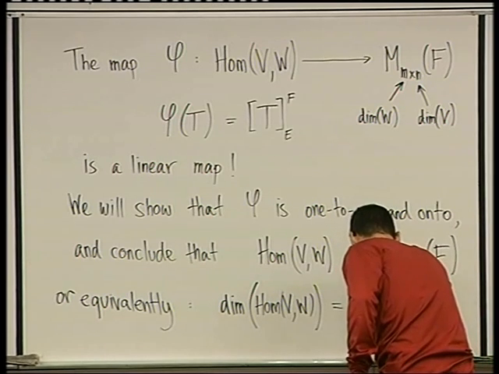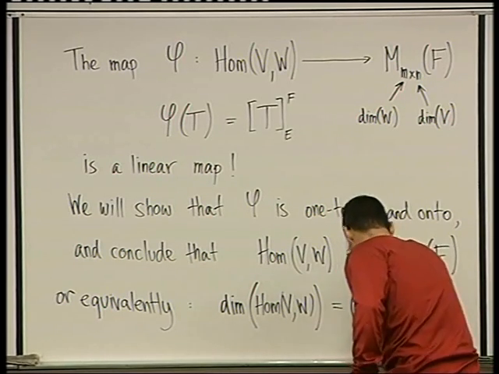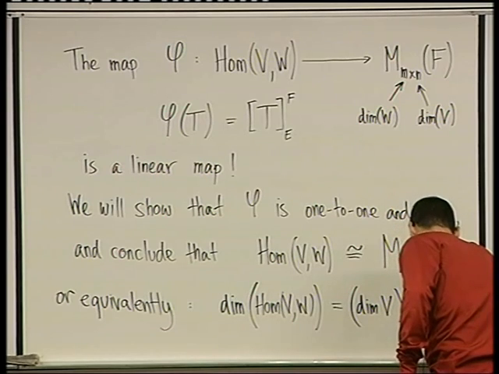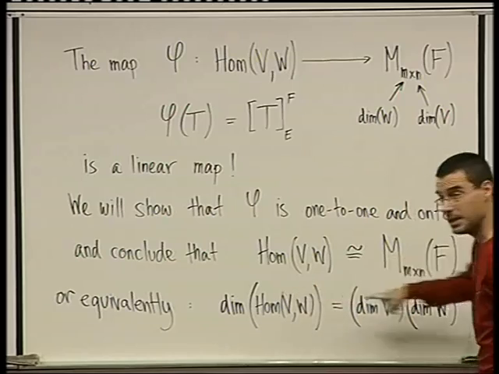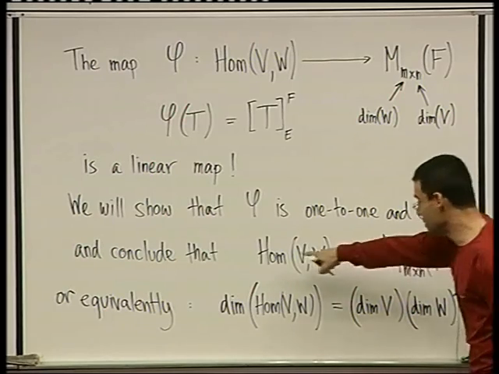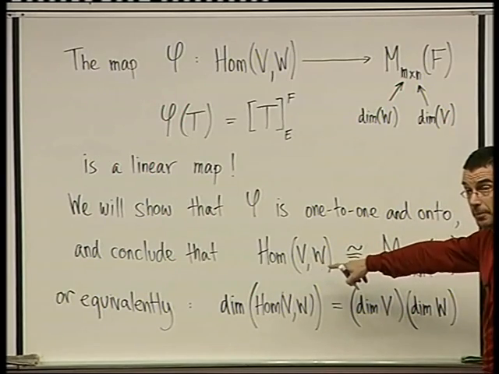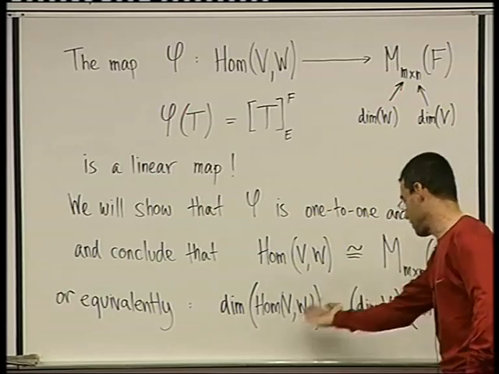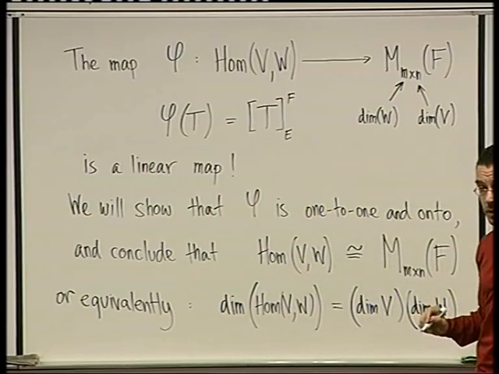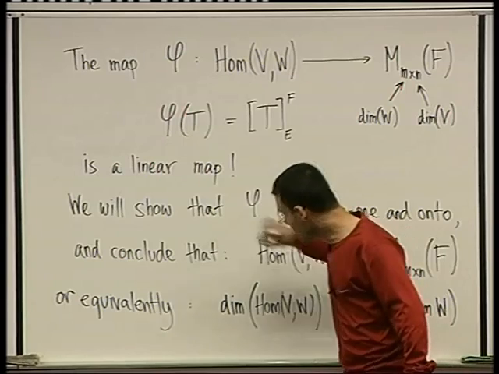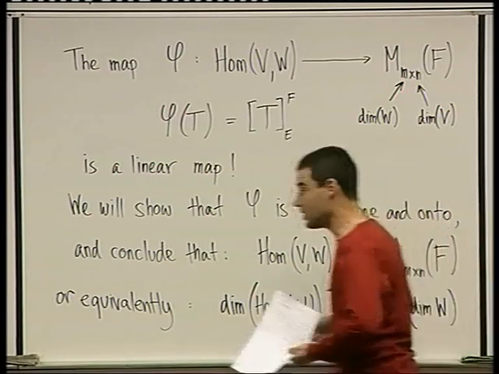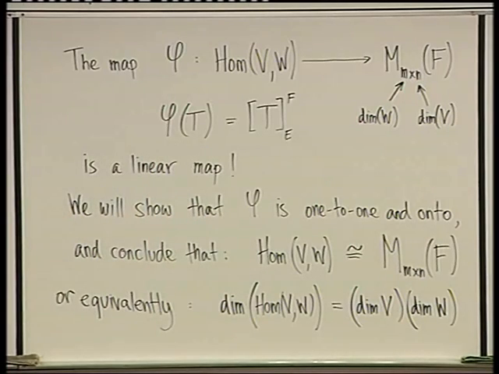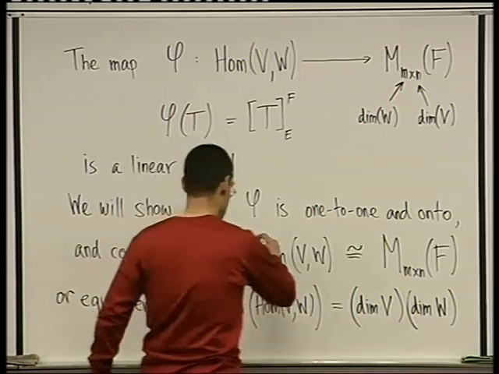Therefore, it's the dimension of V times the dimension of W. This statement is an equivalent way of saying this statement, right? Because they're isomorphic if and only if they have the same dimension. Do you agree? And both of these you may see as theorems, and they're the same theorem. You prove one, you automatically prove the other because of what we said.